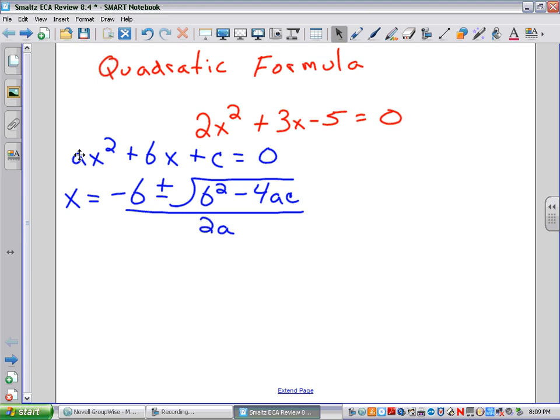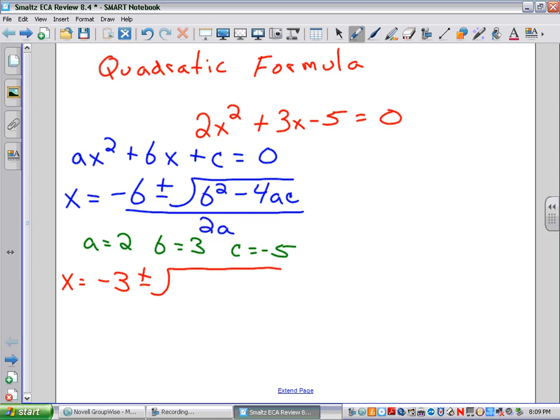So, if I look above, let me write this down. A would be the 2, B would be the 3, and C would be the negative 5. So let's plug those numbers in. X is going to equal negative B, which is the 3, plus or minus big square root of 3 squared minus 4 times A, which is 2, times C, which is negative 5.